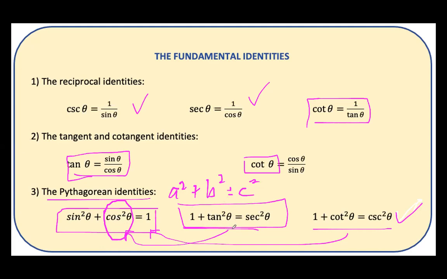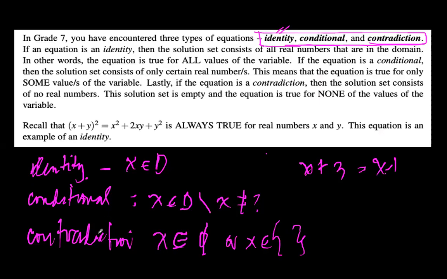Okay? And for the next derivation, since we're aiming for tangent, one of the objectives here is to find a tangent. Therefore, we need to express parts of the given equation as sine over cosine. So we need to divide this by cosine. Okay, let me use this portion first. So we know that sine square theta plus cosine square theta is equal to 1.